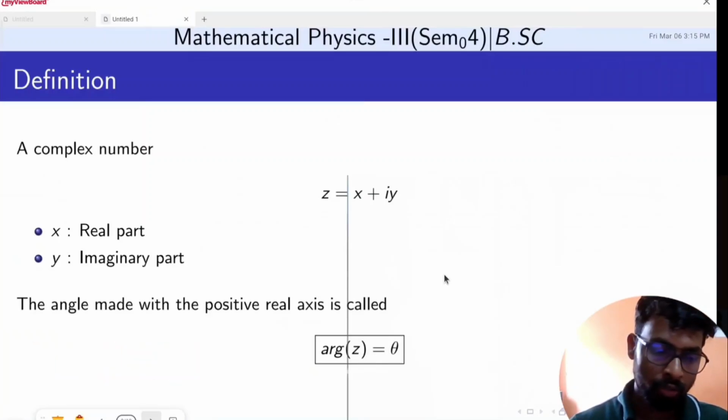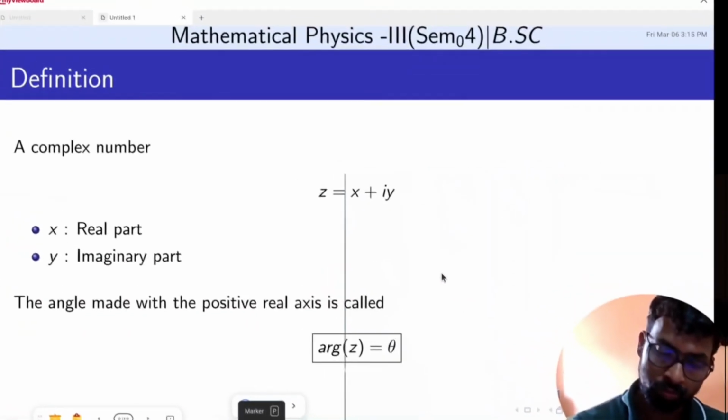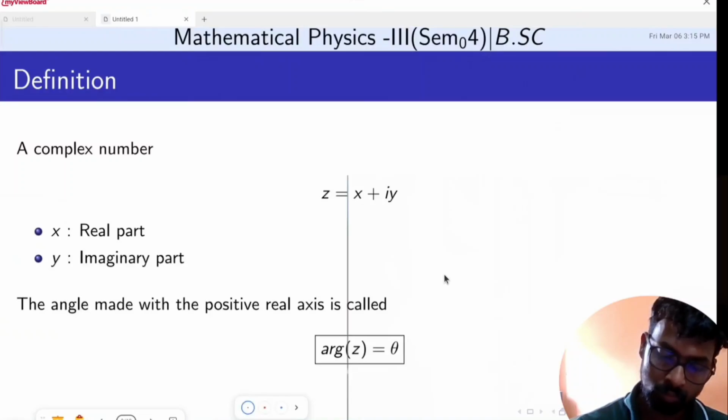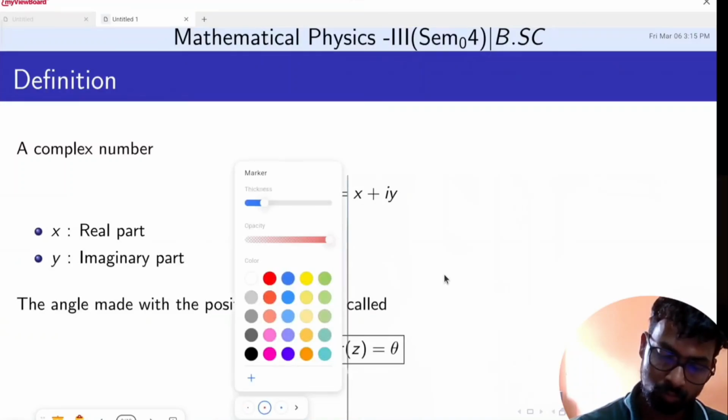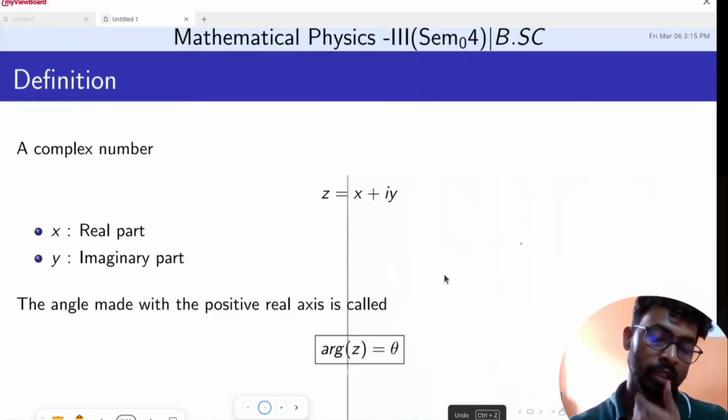So let's start with some basic explanations of complex numbers. You already know this is the complex number.